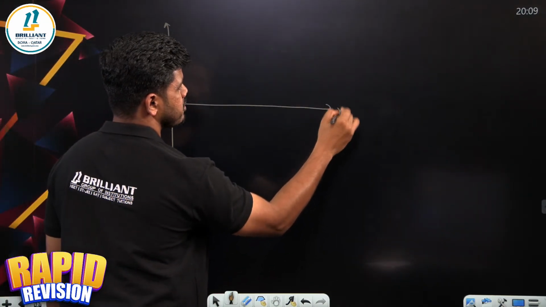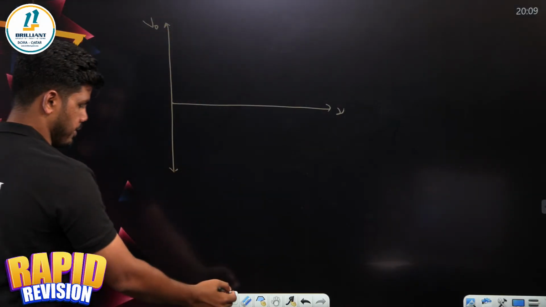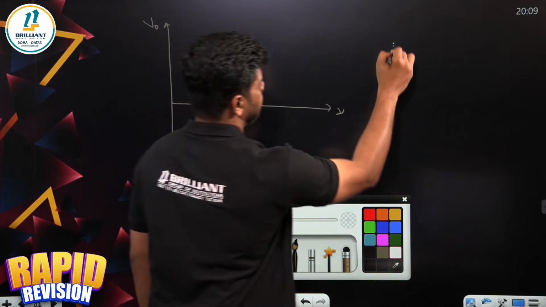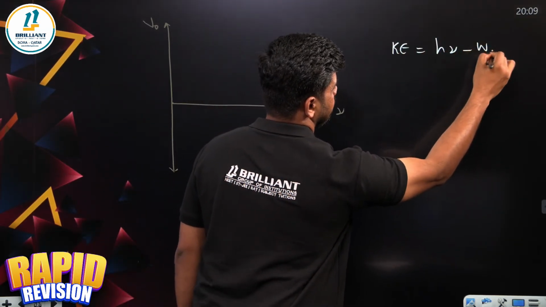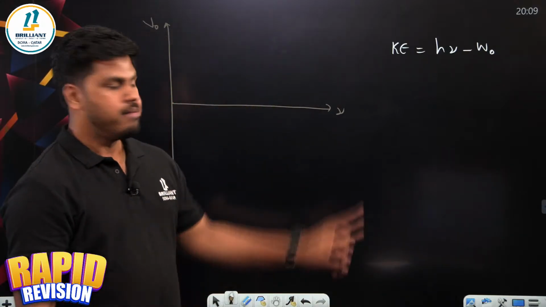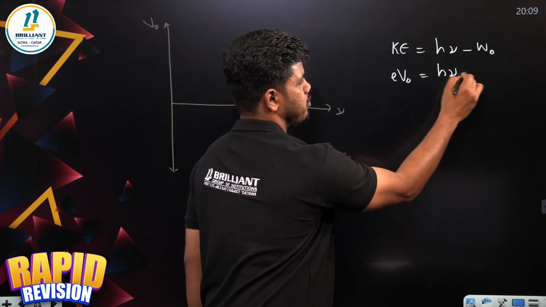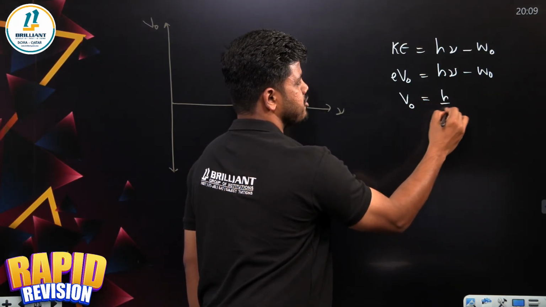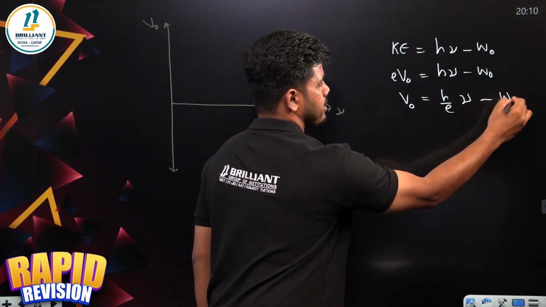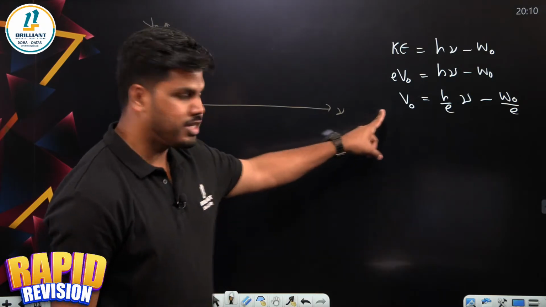Okay, and the same graph will be asked in terms of stopping potential. Stopping potential versus frequency. Instead of kinetic energy, we take stopping potential here. We had the expression kinetic energy equals h nu minus work function. But kinetic energy we found as E V naught before. So we can say V naught is equal to h by E times frequency minus W naught by E. Why did I write this equation?